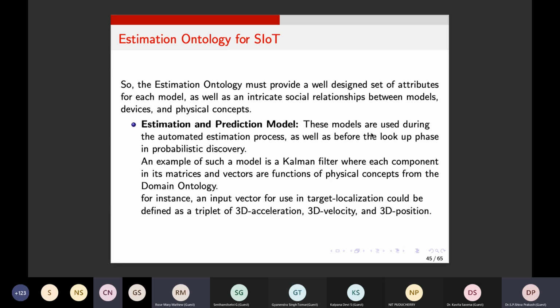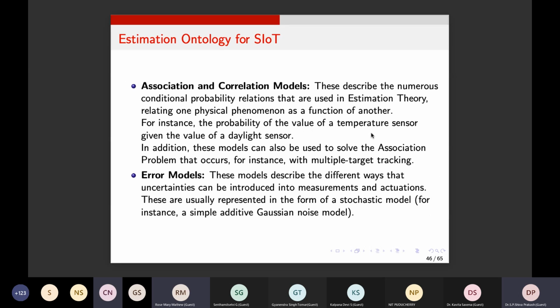The estimation and prediction models are basically used during the automated estimation process, as well as before looking up the phase in the probabilistic discovery. So, for example, the Kalman filter, where each component in its matrices and vectors are functions of physical concepts from a domain ontology. For instance, an input vector for a user target location could be defined as a triplet of 3D acceleration, velocity, or 3D positions, right?